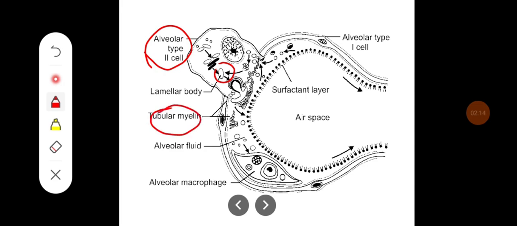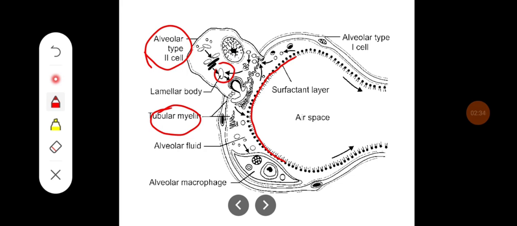So then lipids which are secreted will form phospholipids, which are an important constituent of the surfactant layer, and so tubular myelin with phospholipids are going to form the surfactant layer.